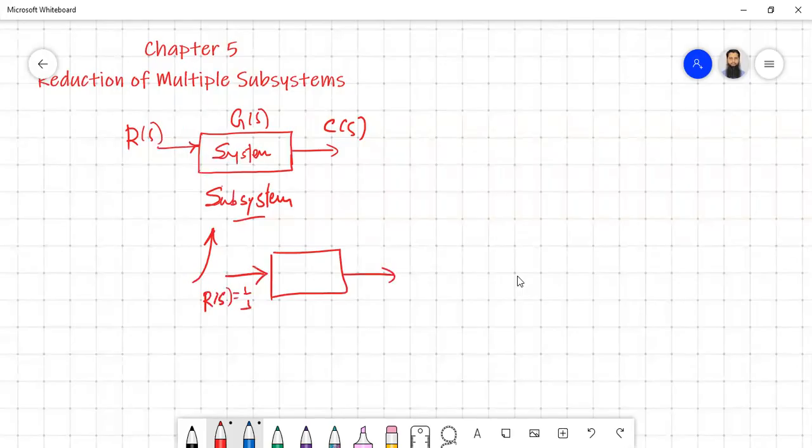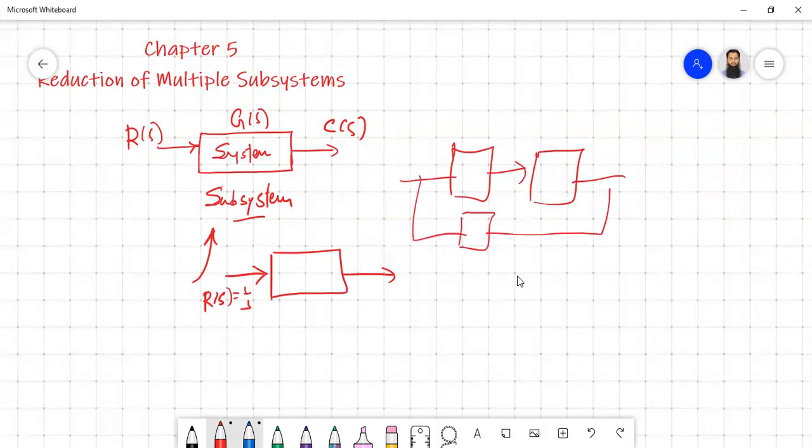If we want to apply this knowledge to a system which has multiple subsystems interconnected in different patterns, then we have to reduce all of this into a single block diagram, a single transfer function with an input and output.